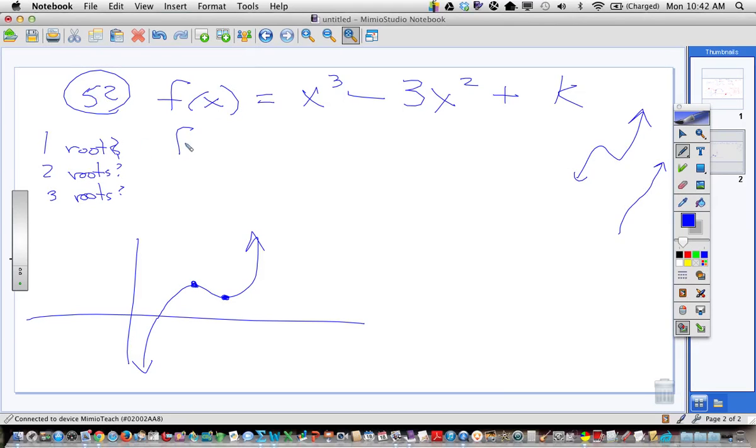We do the derivative, which would be 3x squared minus 6x, and the k would go to 0 because it's a constant. And we do what? We want to know when that equals 0, because that's going to find these two humps here for me.